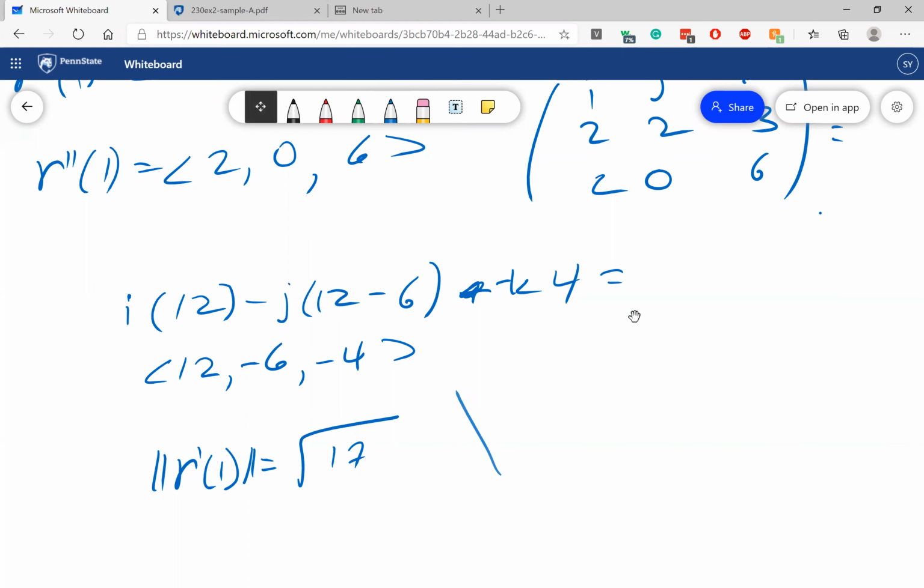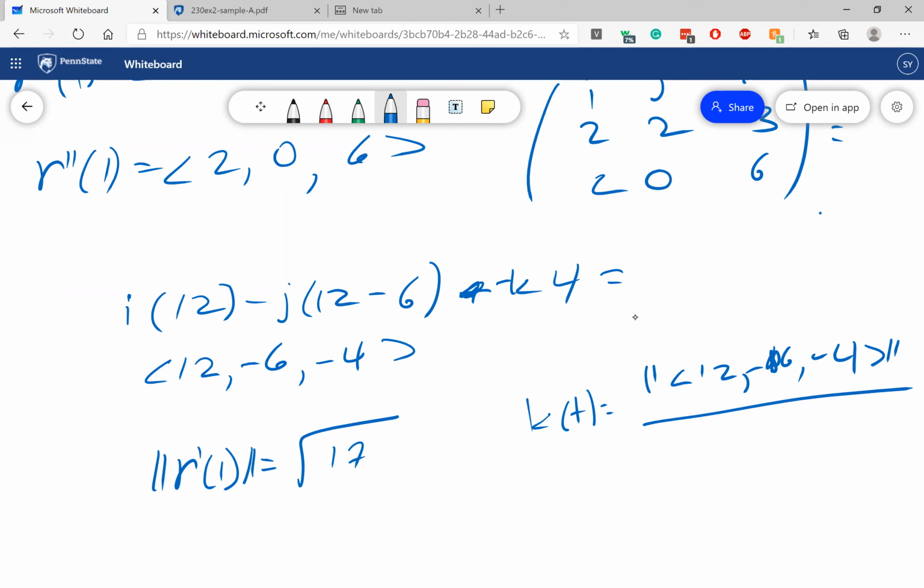So then our curvature is going to be equal to the magnitude of this, so the magnitude of (12, -6, -4), all over the square root of 17 cubed. Okay, any questions about this?